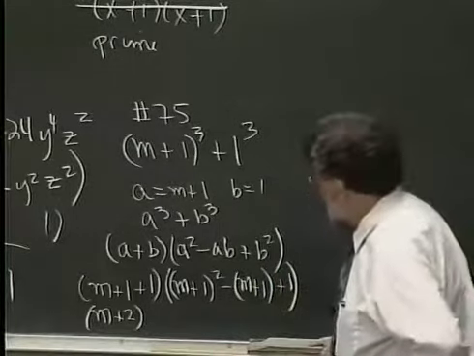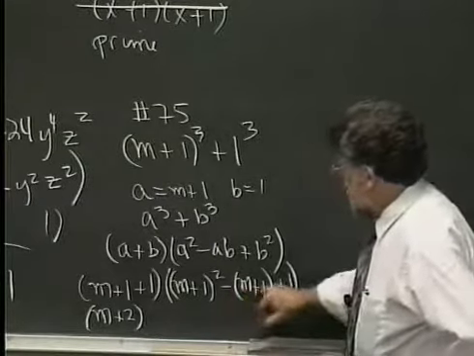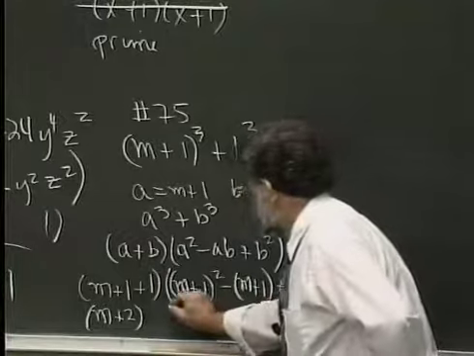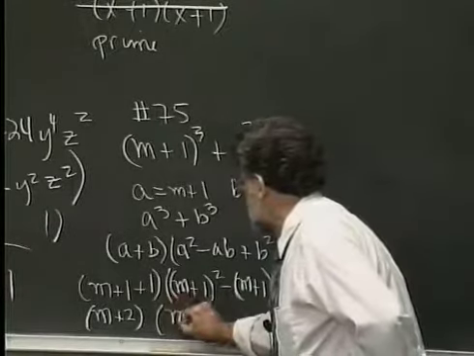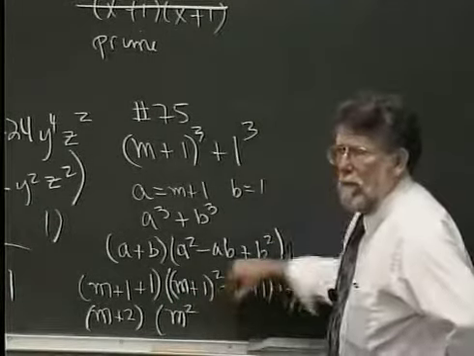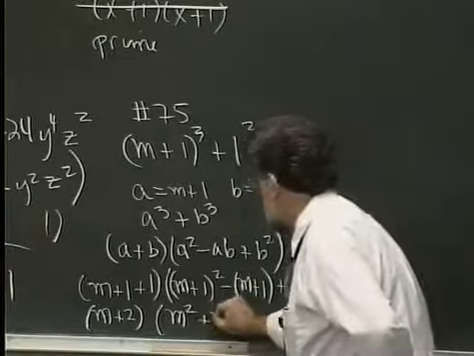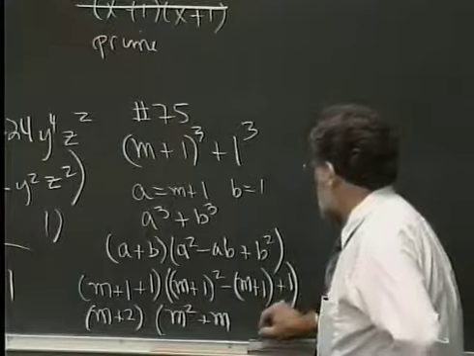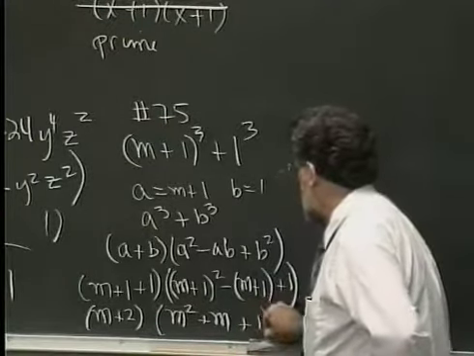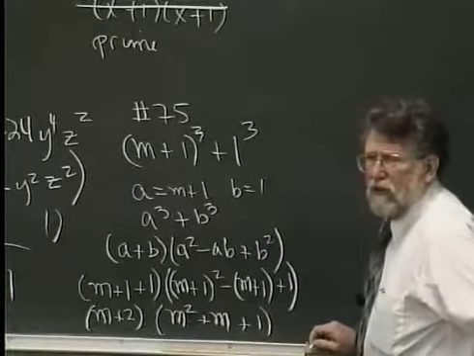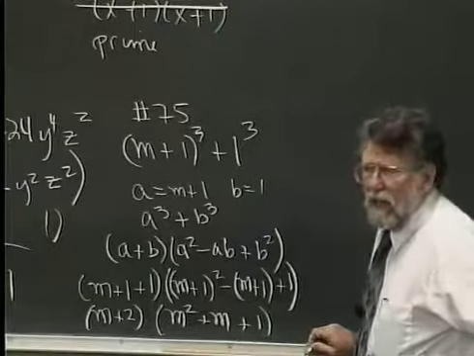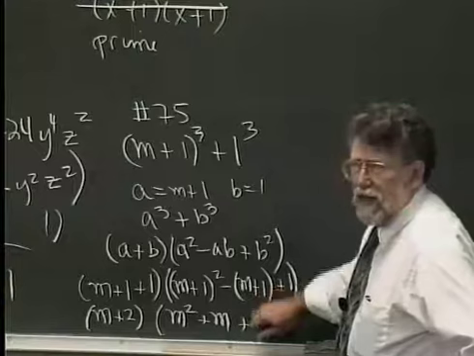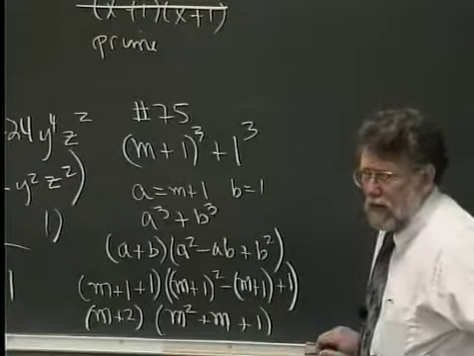Now, it's rather interesting because the minus m minus 1 plus 1 is minus m. So this becomes m squared plus 2m minus m, which is plus m. Then I have a plus 1. This minus 1 and 1 go out. So I believe, finally, I end up with m plus 2 times m squared plus m plus 1 because you simplify this into the bottom answer.